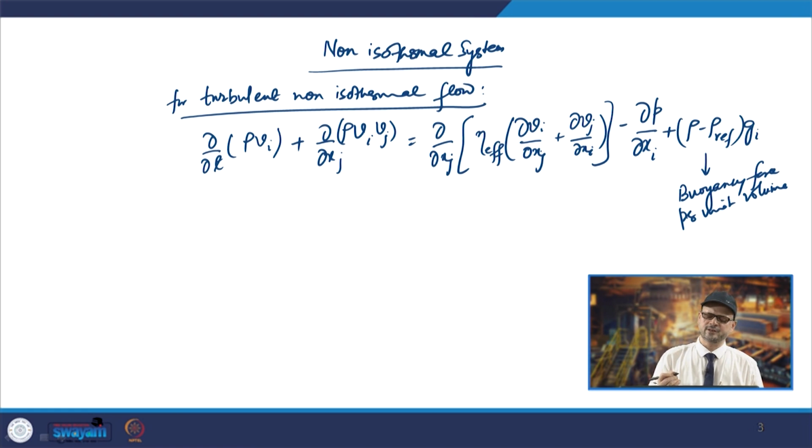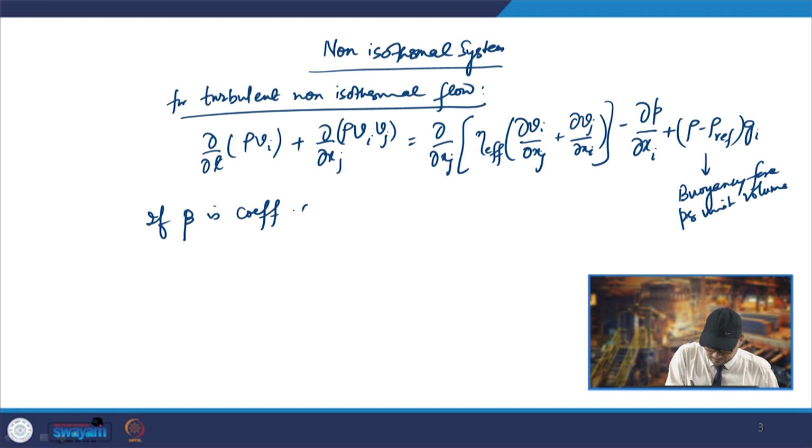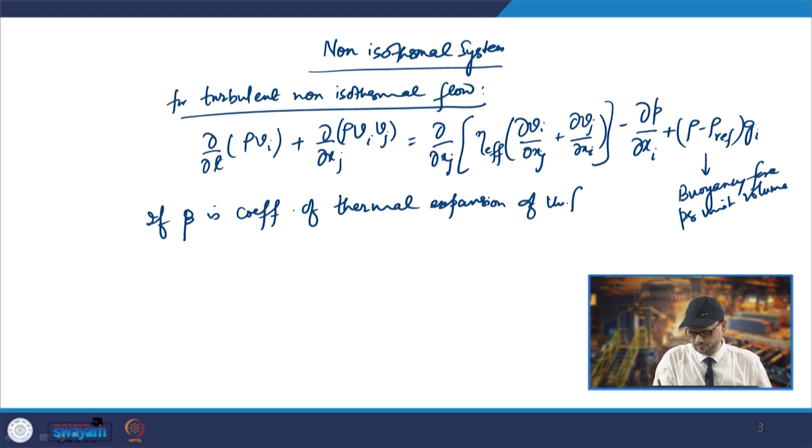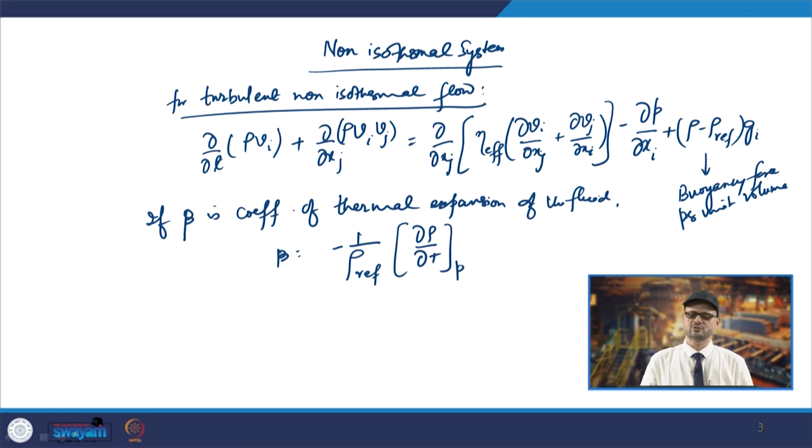Now, if you take beta as the coefficient of thermal expansion of the fluid, in that case you can write that beta is nothing but minus 1 by rho reference, and it will be dou rho by dou T at constant pressure. So, this is how the beta is defined.